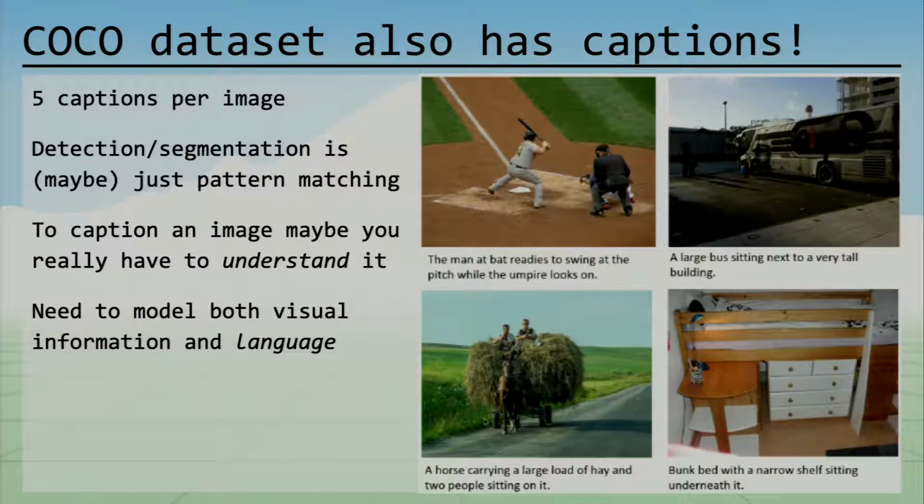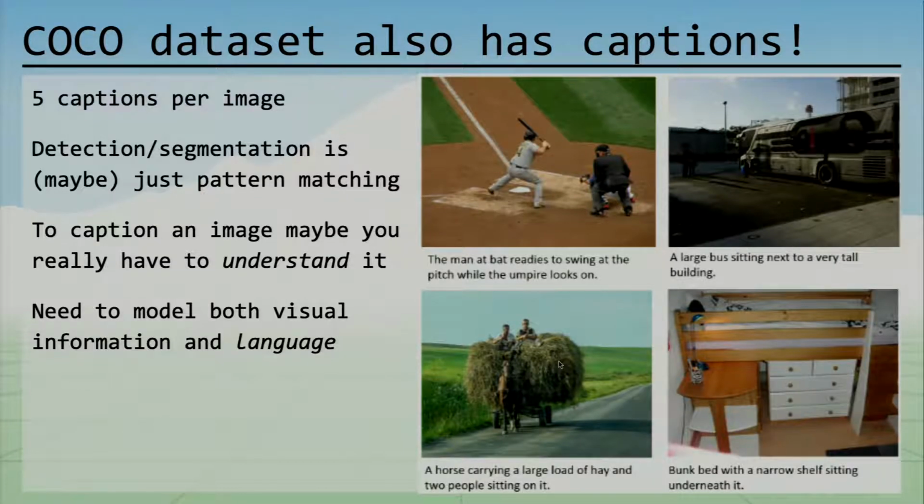This caption actually isn't great because the horse isn't really carrying the hay, it's pulling the hay. So maybe that's an instance of a caption not being perfect, but the idea at least is that captioning is a harder task that maybe requires something more than just pattern recognition. It actually requires some sort of understanding of the world or some deeper kind of analysis or kind of true artificial intelligence.